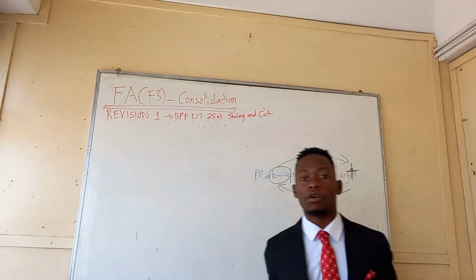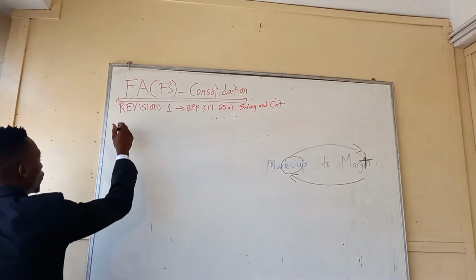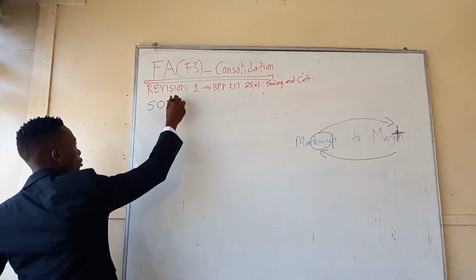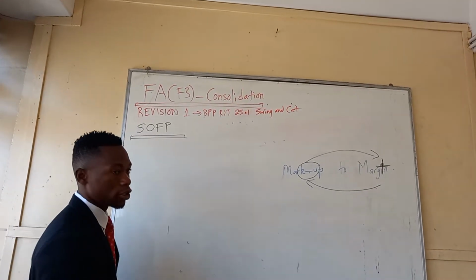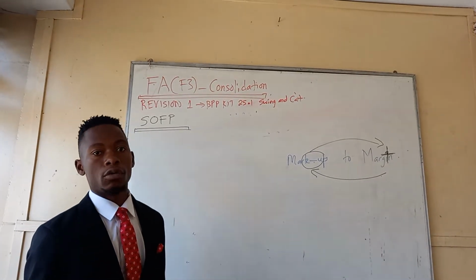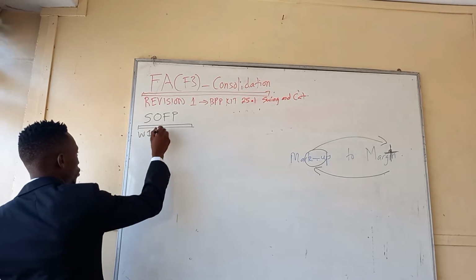So deep breath, everyone. Let us look at the question now. When you are doing the statement of financial position, you have to remember working 1 to working 5. W1, you have to prepare the group structure.